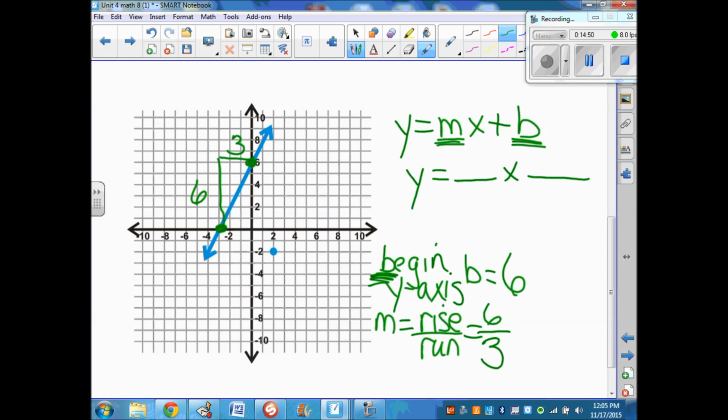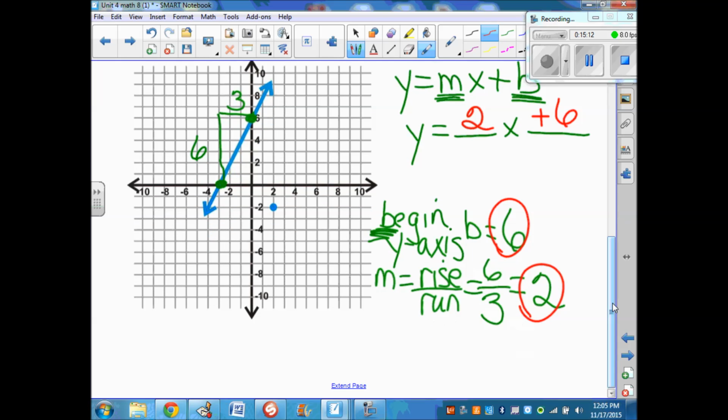Well, 6 over 3 simplifies to 2. So now I've got my two values that I can plug into my blanks. So what is my m? What's my slope? Make sure you plug the right numbers into the right blanks. The slope is 2, and the y-intercept is positive 6. We're going to spend lots more time with this and practice. Nice job.